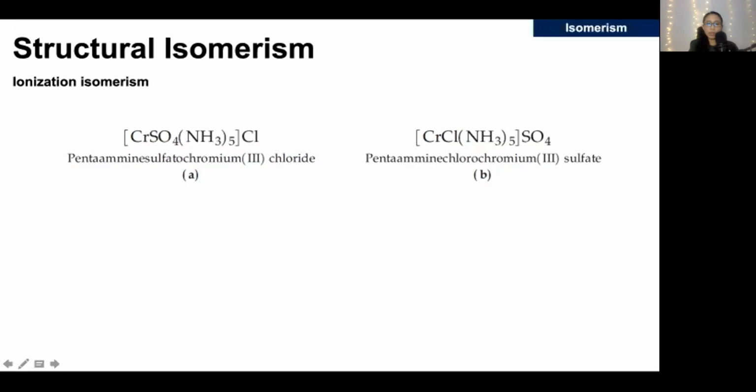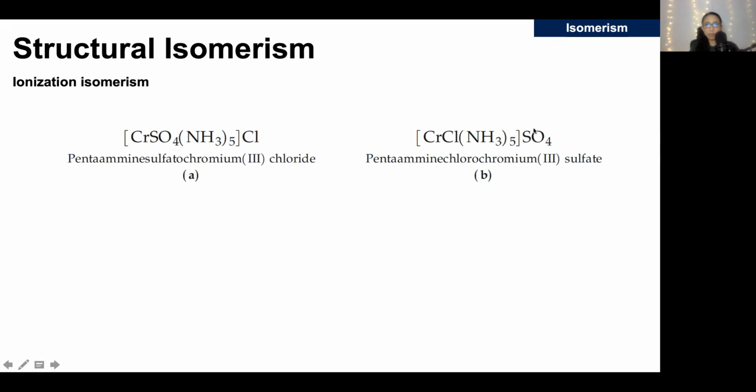You see here that the difference is that your anion is either part of the complex or it's the ion that neutralizes the charge of the complex. That is ionization isomerism. If you look at the composition, you have one chromium, one chlorine, 5 nitrogens, 15 hydrogens, 1 sulfur, 4 oxygens.